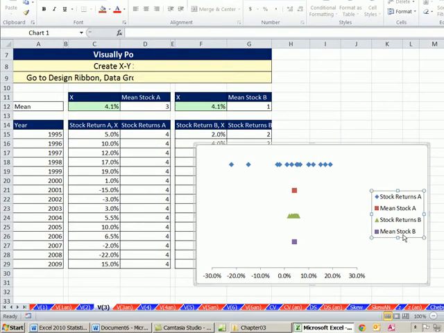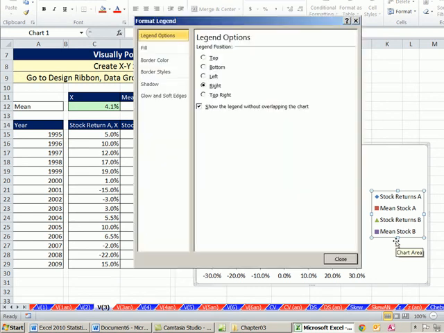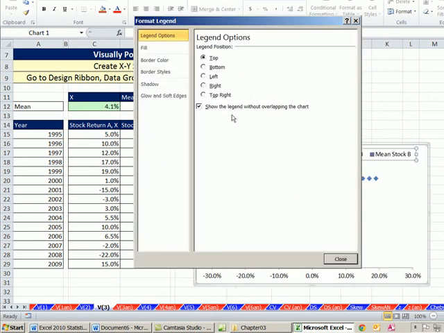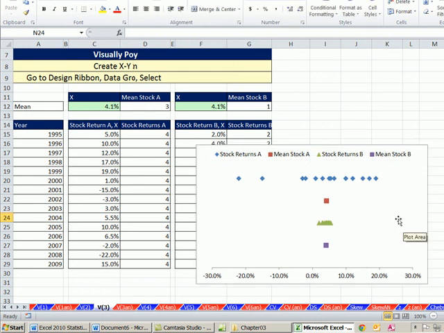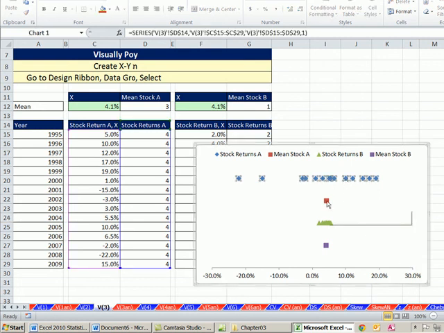Now I'm going to click here and Control-1, show at top. And there we have a visual portrayal of our stock A. There's all the data points and the mean for stock A, all the data points for stock B, and the mean for stock B.